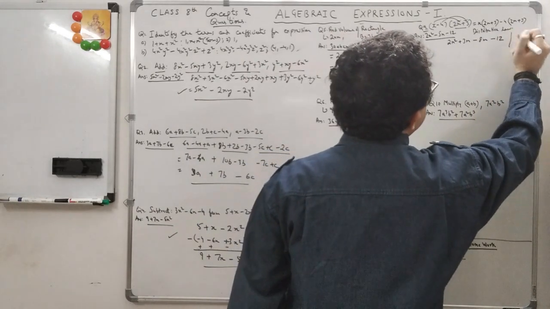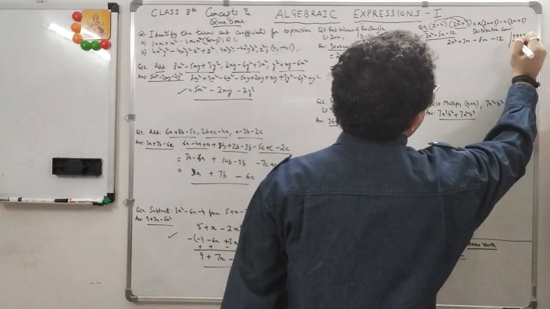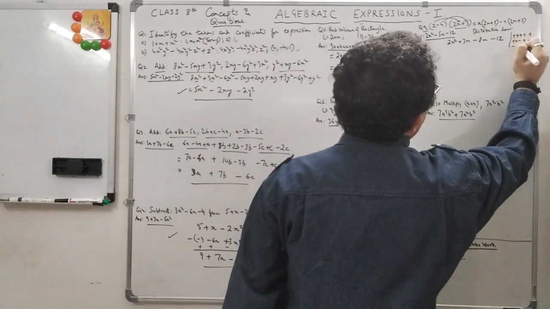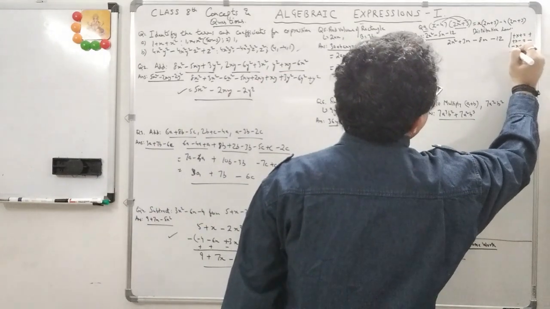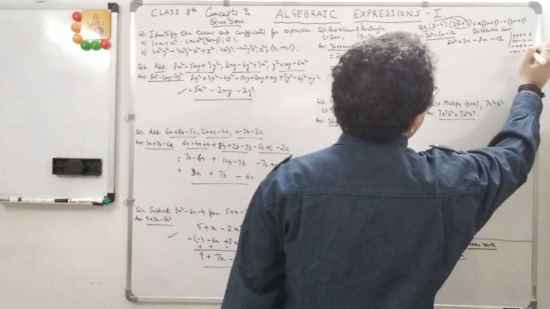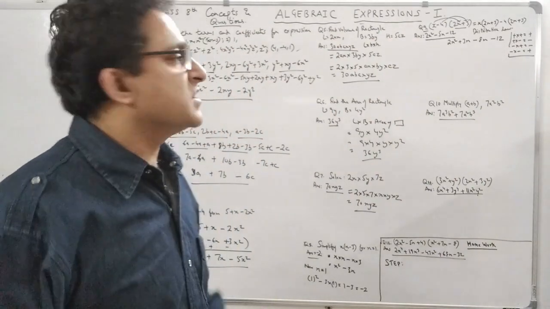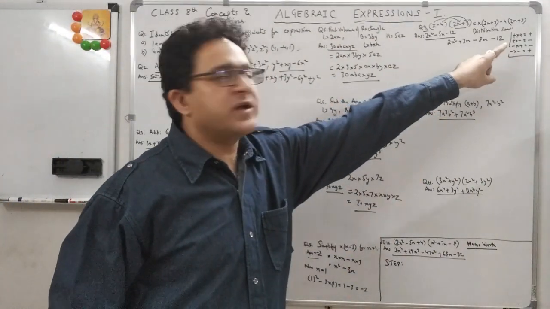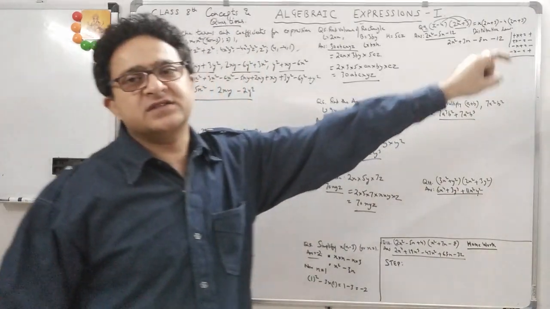Remember this: plus into plus is equal to plus. Plus into minus is equal to minus. Minus into plus is equal to minus. And minus into minus is equal to plus. These are the laws of multiplication of the signs. Always remember this.